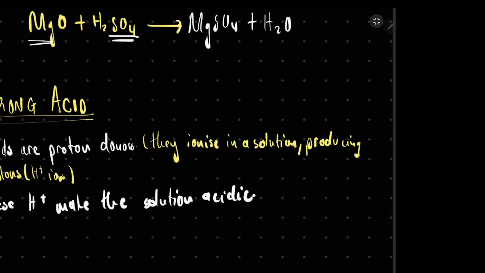We want to see what then makes us say this is a strong acid. So the behavior of any acid: we know acids by seeing some hydrogens there. All acids have a hydrogen. Now, when an acid goes into a solution, it will ionize.